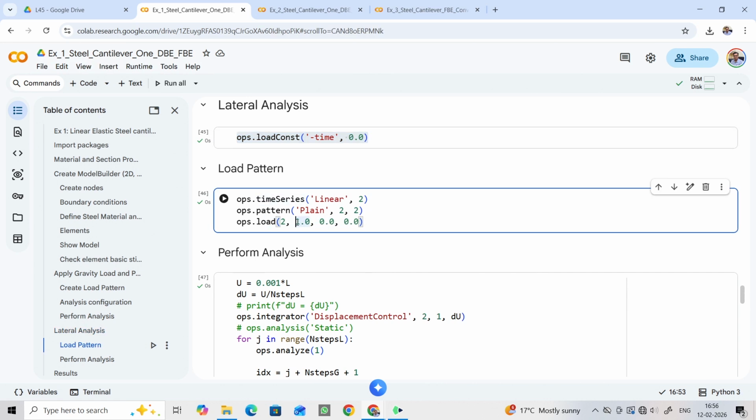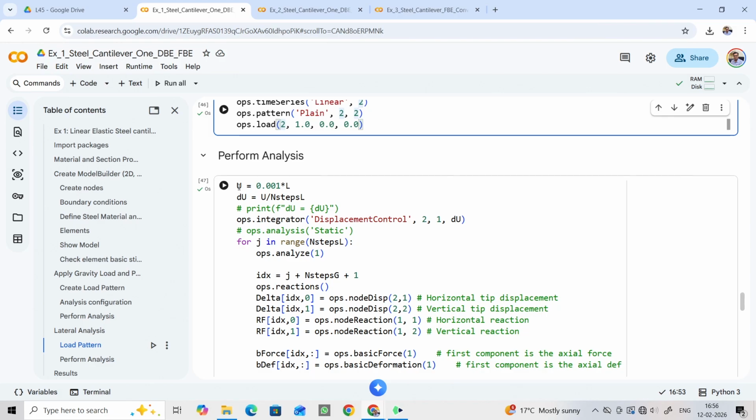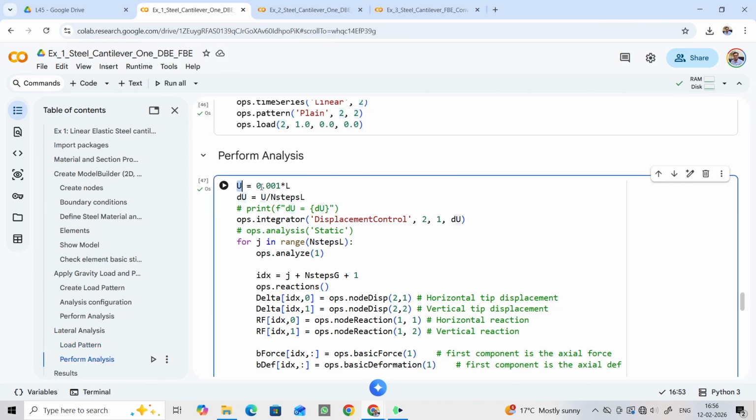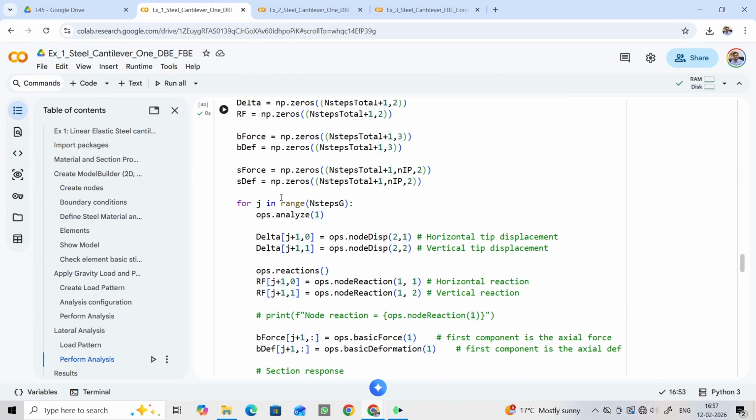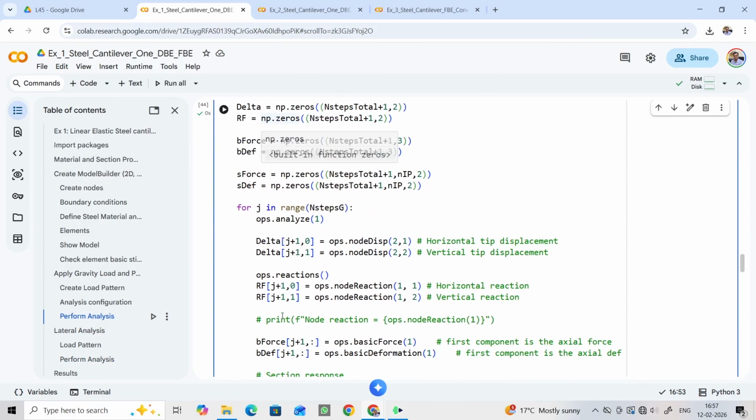So, we have to apply reference load unity in the x direction at node 2. Okay. And then I am saying the total displacement I want to apply is only 0.1% of the height of the cantilever, very small. Okay. And that I will be dividing into nStepLateral, which is 10. Okay. You can see nStepL is 10.